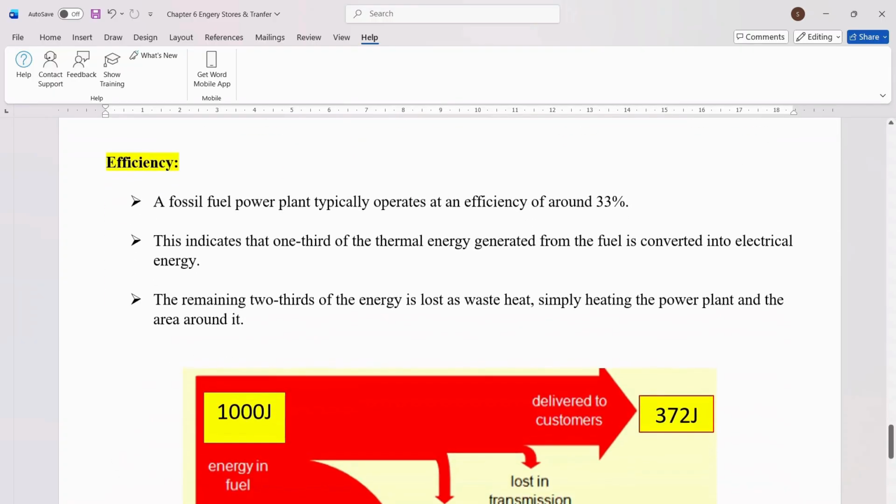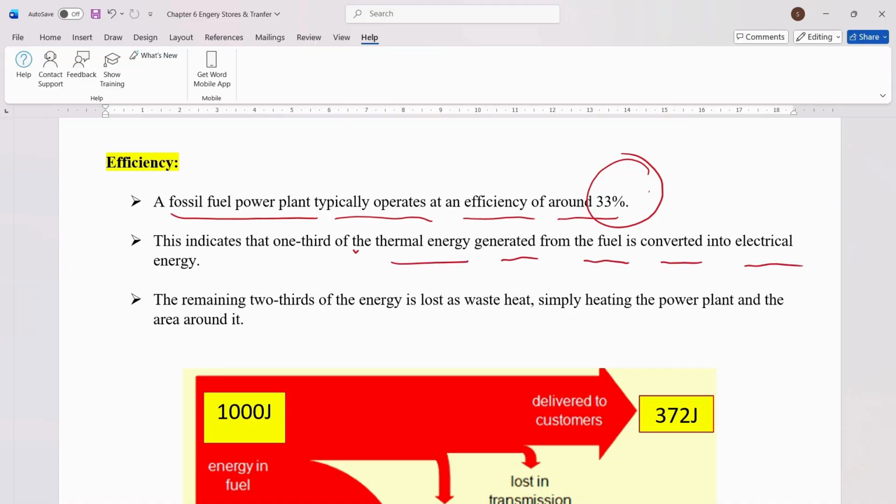Let's talk about efficiency now. A fossil fuel power plant typically operates at an efficiency of around 33%. So, what does this indicate? This indicates that one third of the thermal energy generated from the fuel is converted into electrical energy.